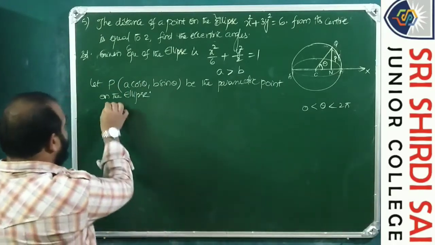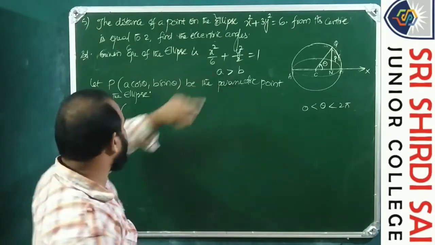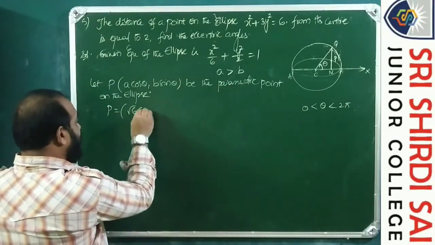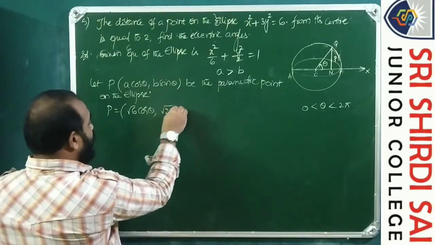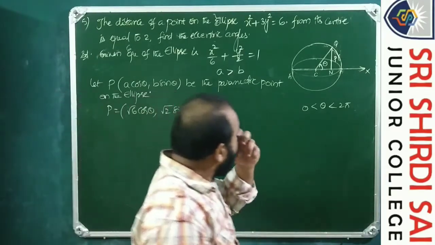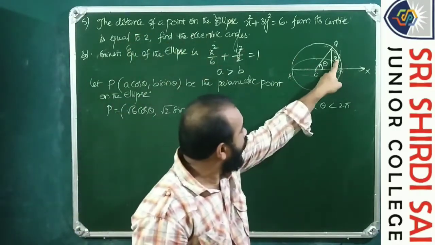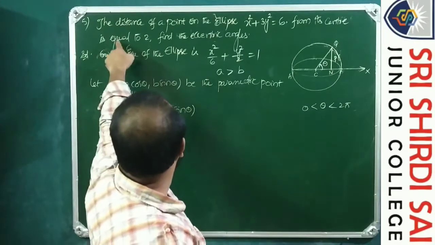So that means P is equal to how much? A square equals 6, A equals root 6. So root 6 cos theta and root 2 sin theta. So what has been given is the distance of this point from its center.